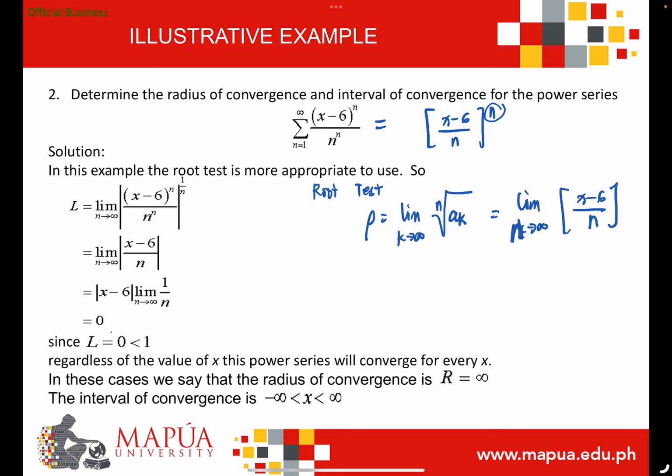As n approaches infinity, this would approach 0, meaning it is convergent anywhere. Regardless of the value of x, this power series will converge for every value of x. In these cases, we say that the radius of convergence is R approaching infinity, and the interval of convergence is from negative infinity to positive infinity.